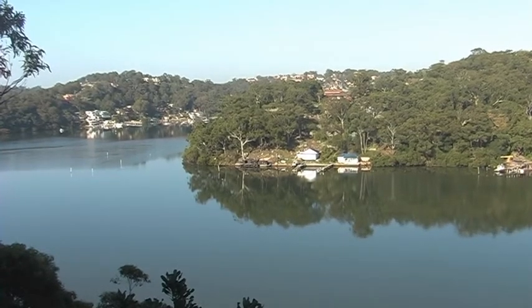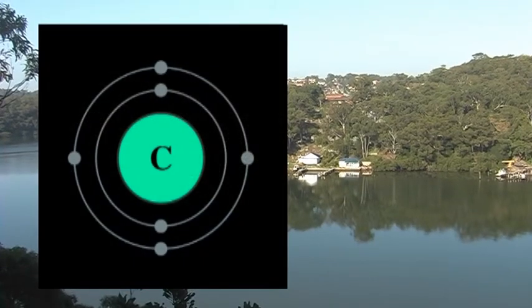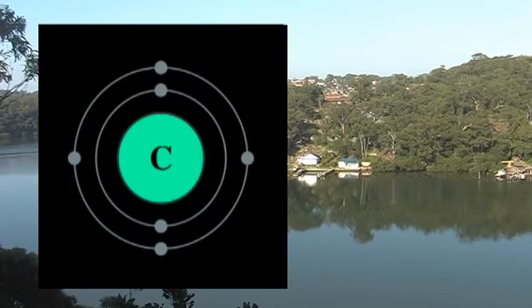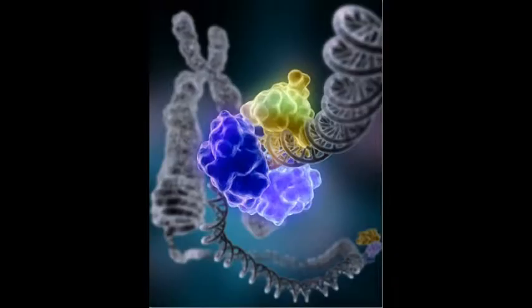Carbon is vital to life on this planet. With a half-complete outer shell, it forms strong covalent bonds with hydrogen and a few other elements, allowing giant molecules to form containing thousands of atoms.